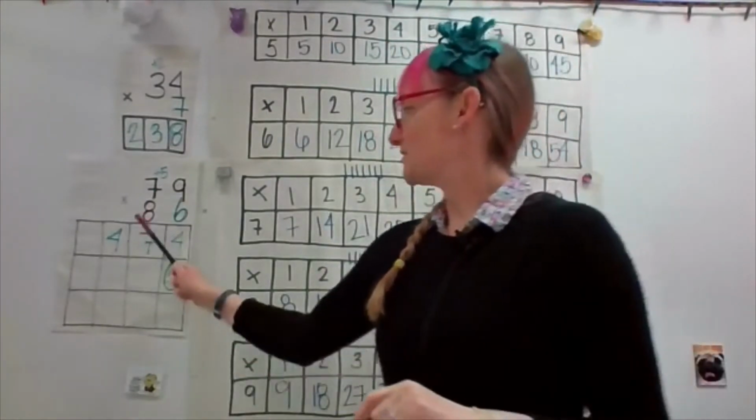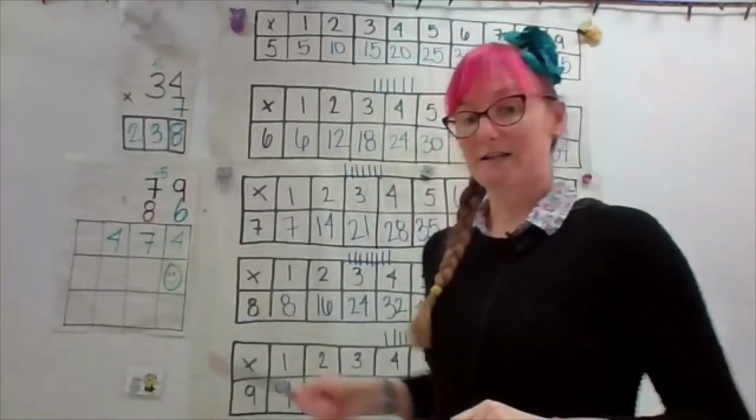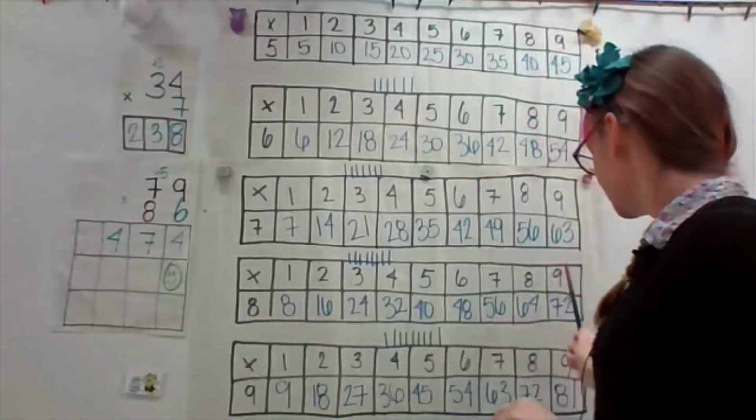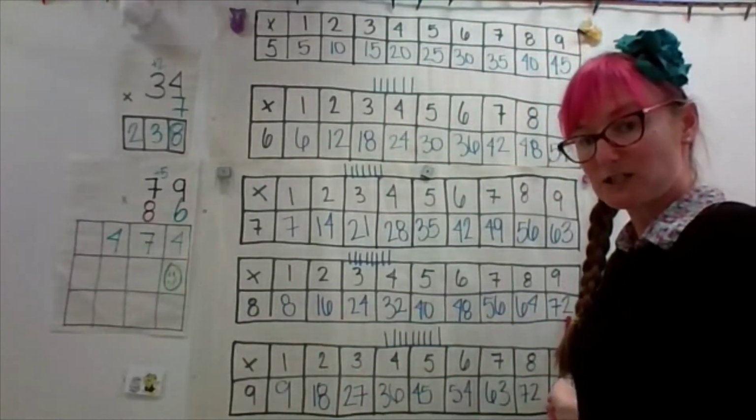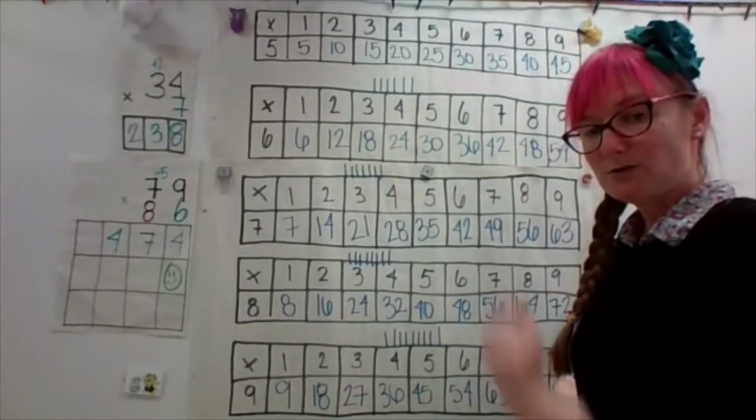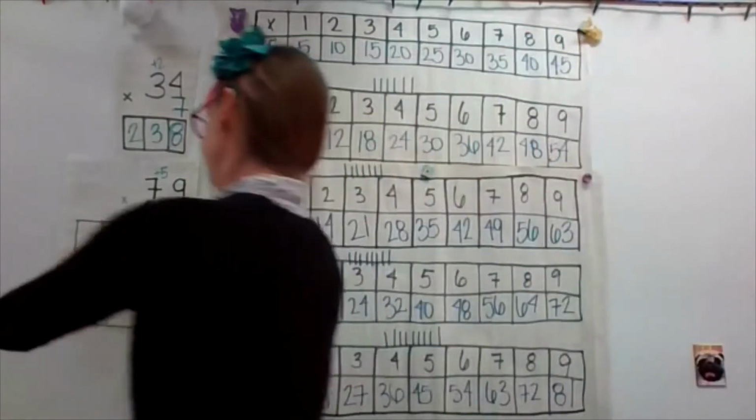I'm going to start by looking at 8 times 9. So 8 times 9 equals 72. I drop that 2, regroup the 7.